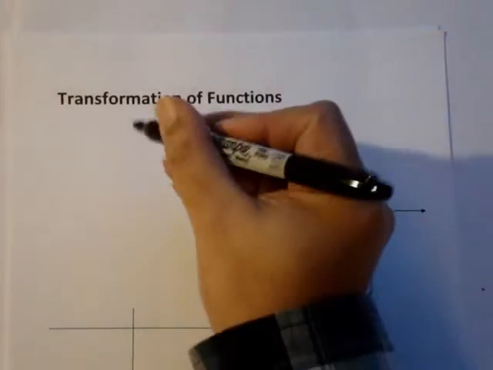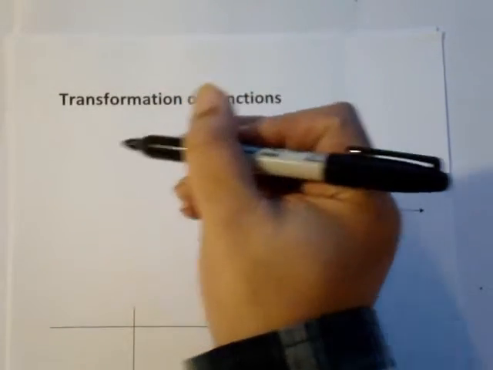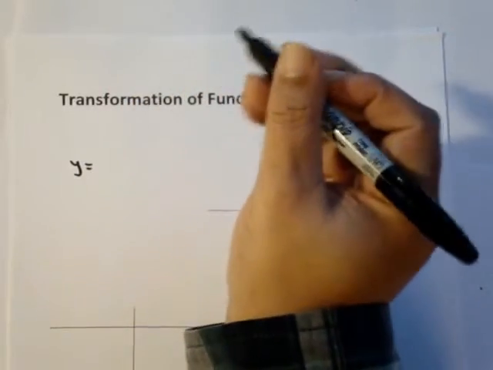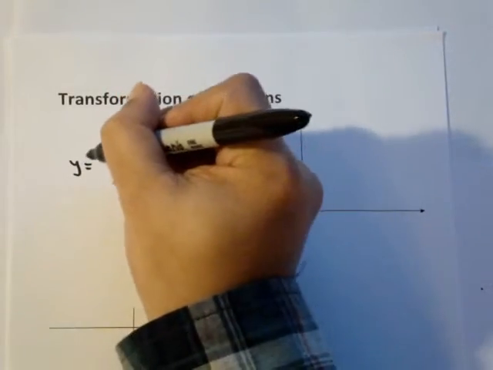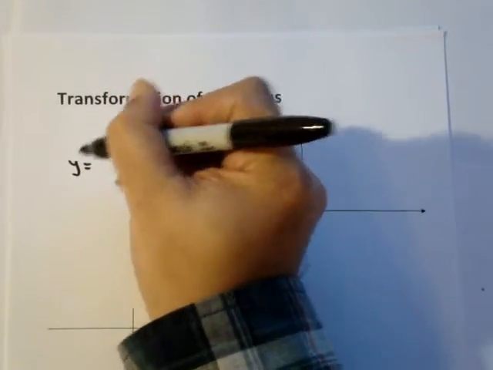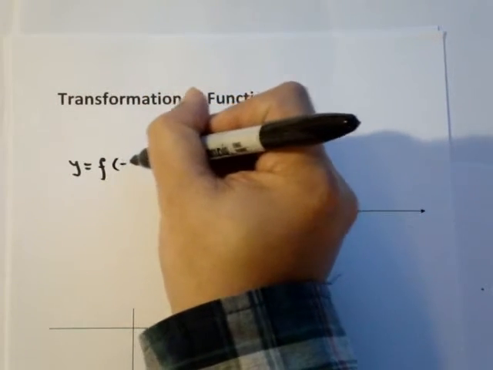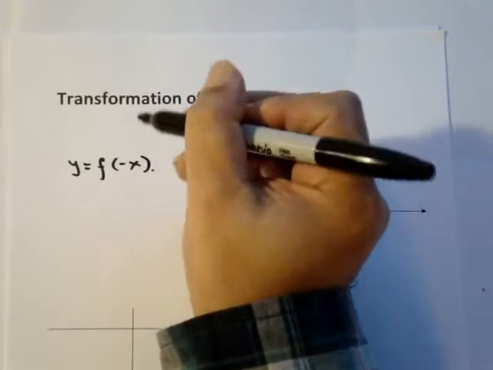What if the negative affects the x itself? So we have y equals f of minus x.